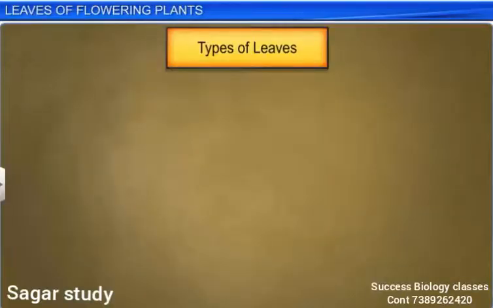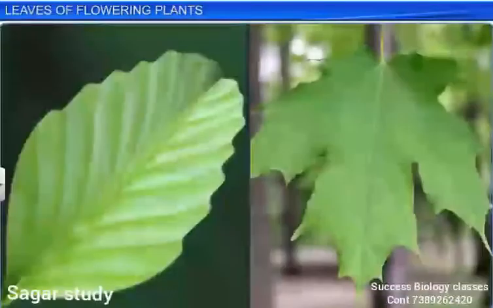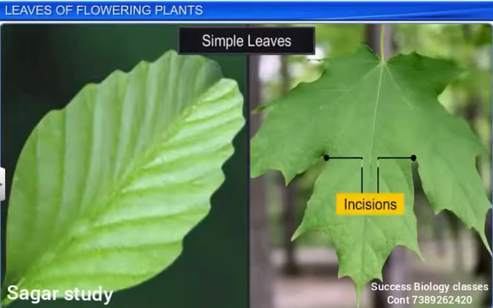Based on the structure of the lamina, leaves are classified as simple and compound. The lamina of a simple leaf is usually entire. However, when it is incised, the incisions do not touch the midrib.